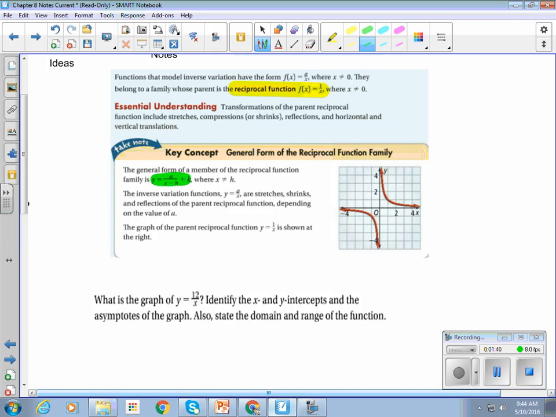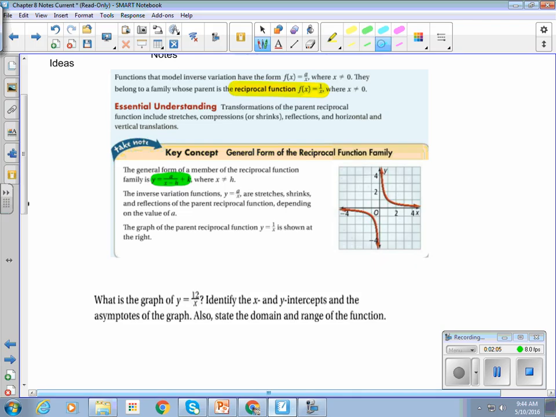So if y equals a over x minus h plus k, x cannot equal h because that will make our denominator 0, and that is not allowed. Inverse variation functions y equals a over x are stretches, shrinks, and reflections of the parent reciprocal function depending upon a.